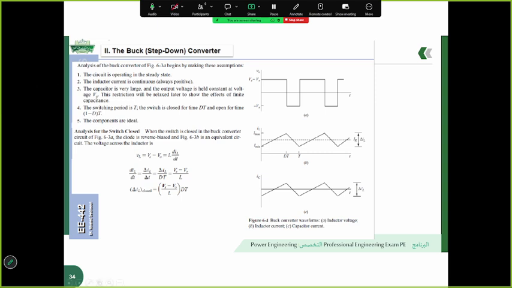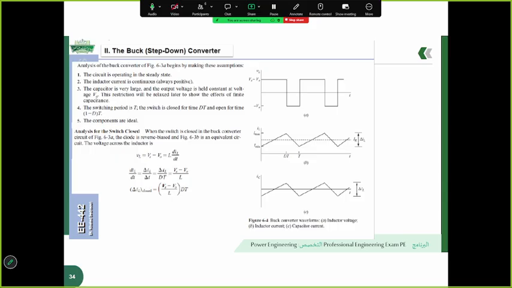The capacitor supplies the load during the off time. ISC is the difference between the inductor current and the load current. The waveform is triangular, alternating between positive and negative values.